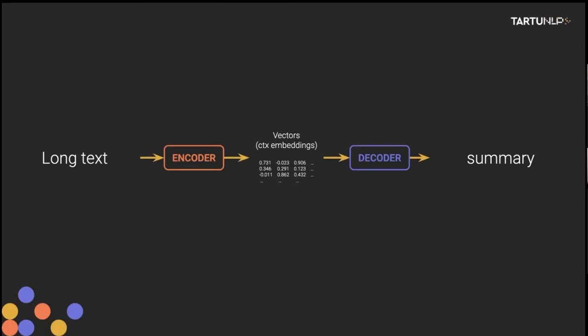We can just feed some kind of input sequence here, just a long text, and the model will learn to turn it into something else. In this case, long texts are summarized. Or we can feed it a complex text, and if we have enough data annotated in a supervised way, we give it a complicated text and train it to simplify it.